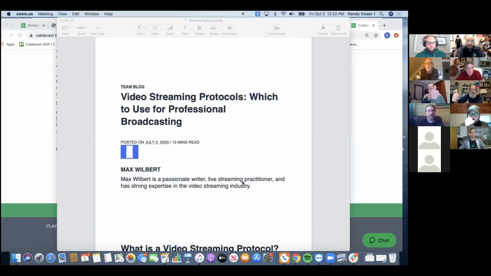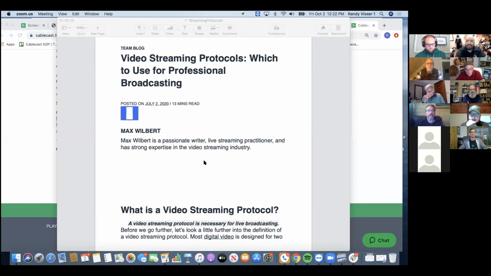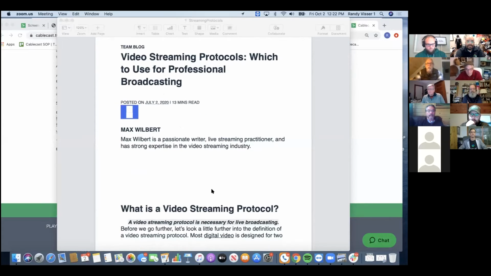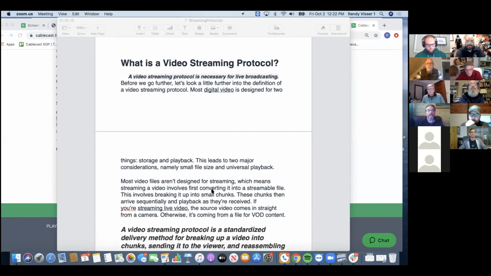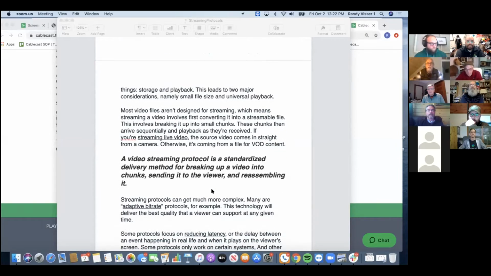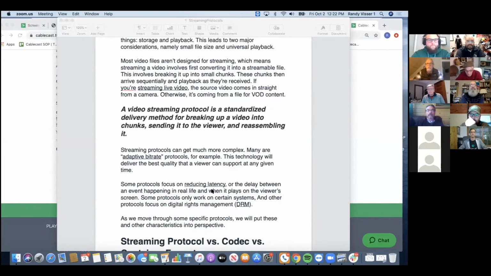I'm going to take this from an article blog that was posted on this website by Max Wilbert, and I thought it would be useful to just very quickly talk about a couple of base technical issues that we need to establish when we talk about streaming.